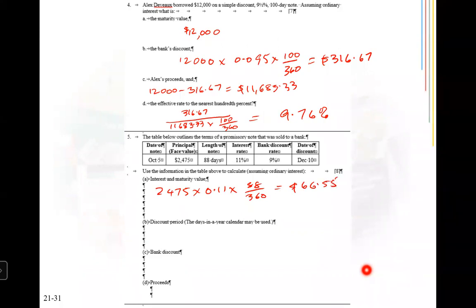So the maturity value, you have to add that to the 2,475 plus the 66.55, which gives you 2,541.55.